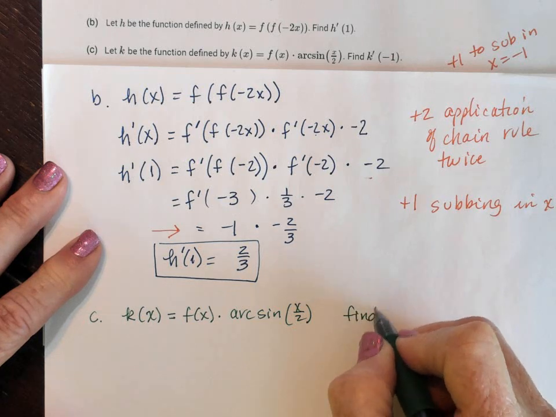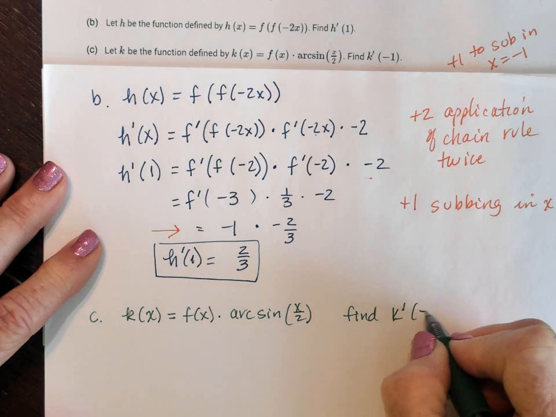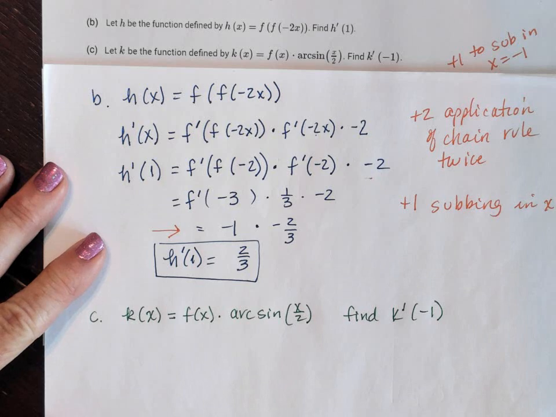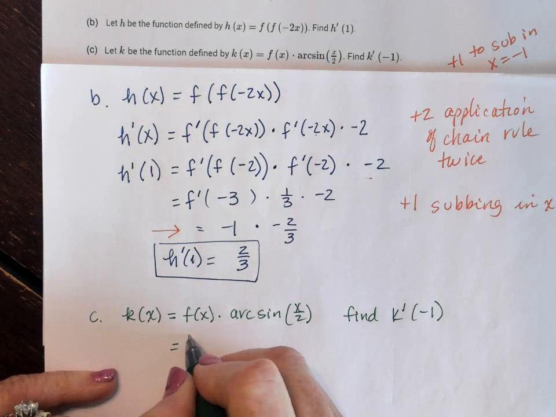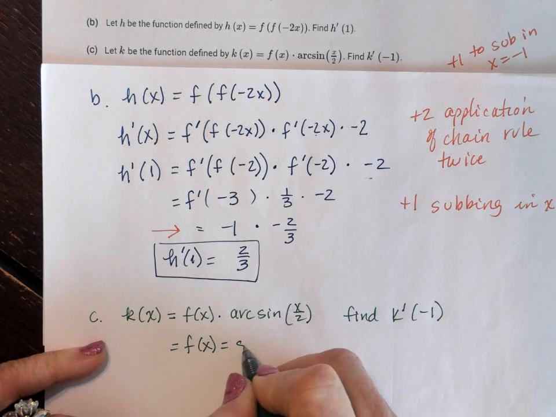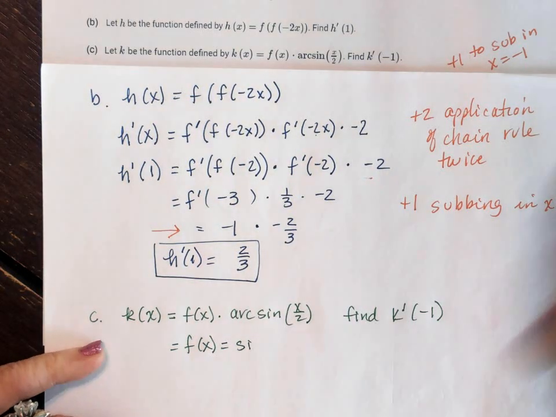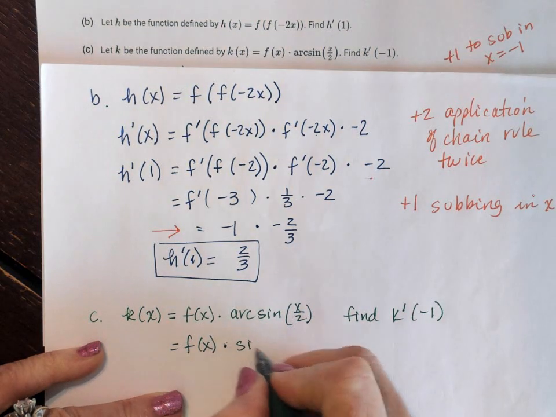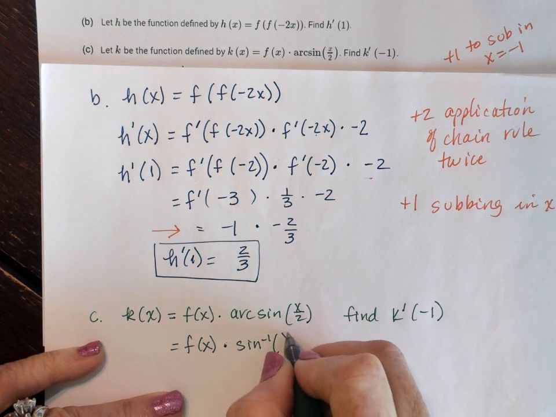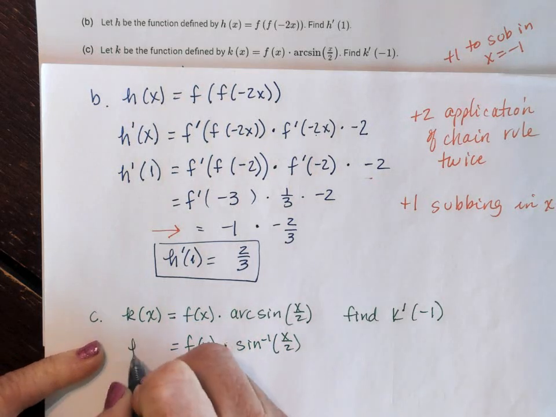And we have to find K prime of negative 1. All right, first thing, this arc sine means inverse sine of x over 2.